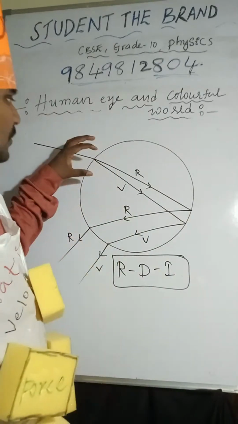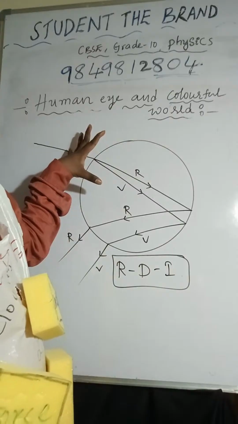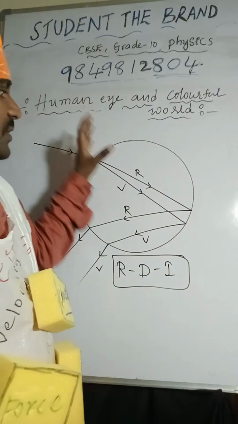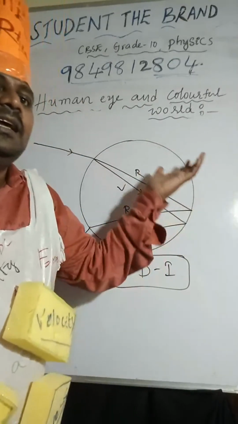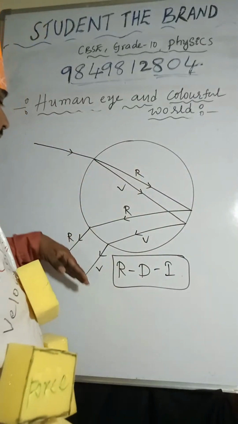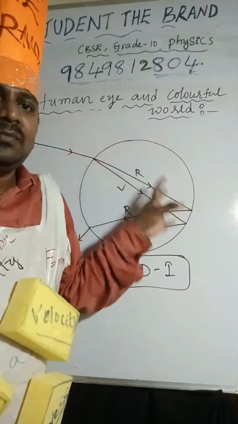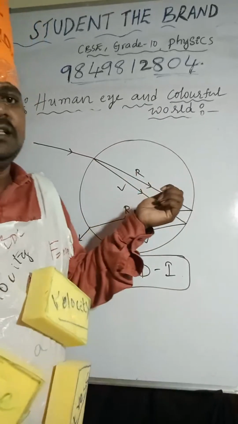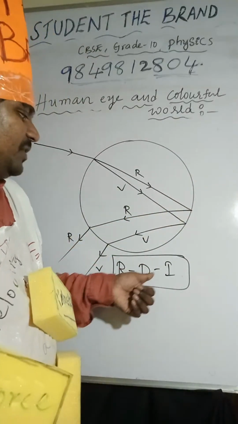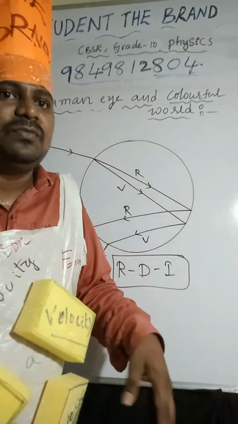Again, the light ray incident on it splits into 7 colors. Those 7 colors reflect internally inside the water droplet. So it comes out as violet, indigo, blue, green, yellow, orange, red. Dispersion is nothing but splitting of white light into 7 colors. So refraction, dispersion, internal reflection are the phenomena involved in the formation of a rainbow.